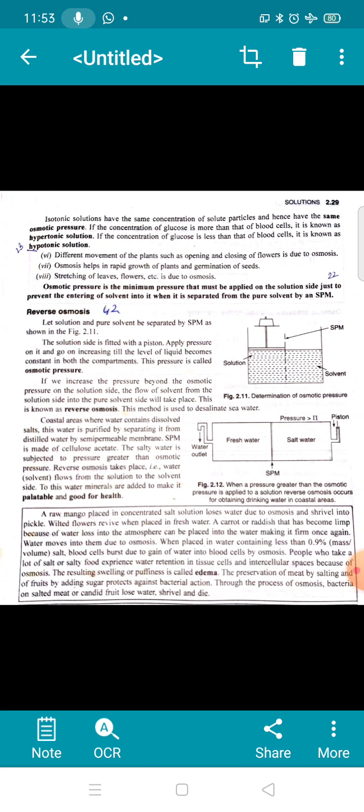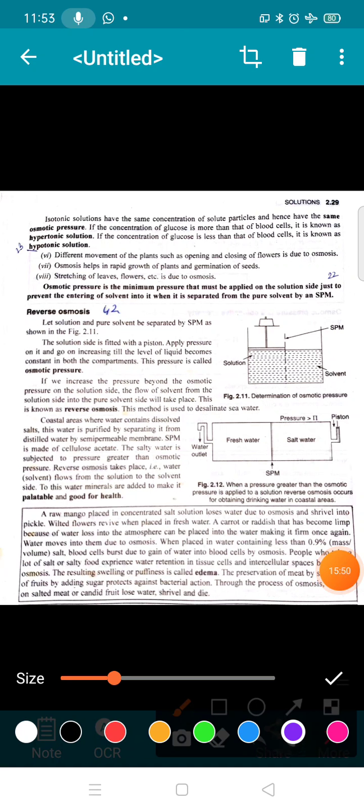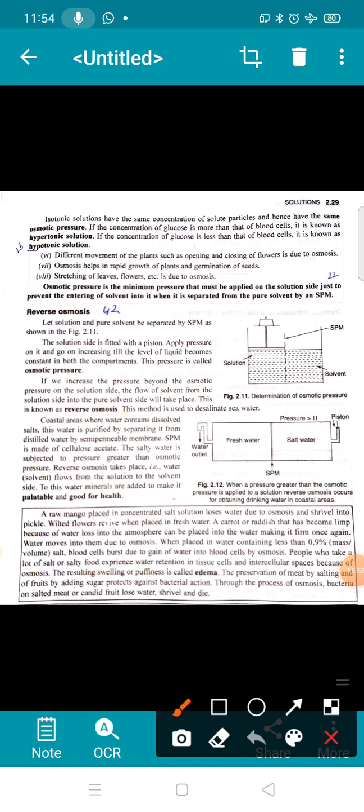People who take a lot of salt or salty food experience water retention in tissue cells and intercellular spaces because of osmosis, and this is a kind of disease. The name of the disease is edema. You can see here.